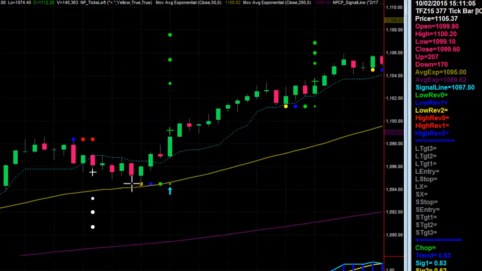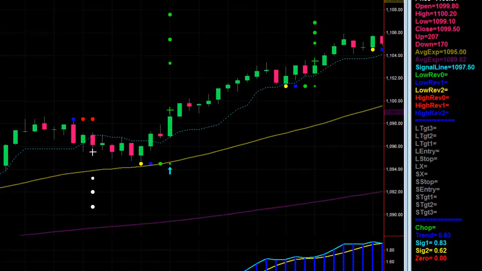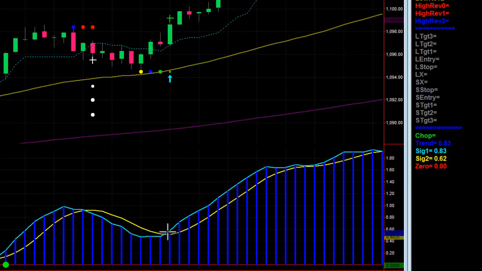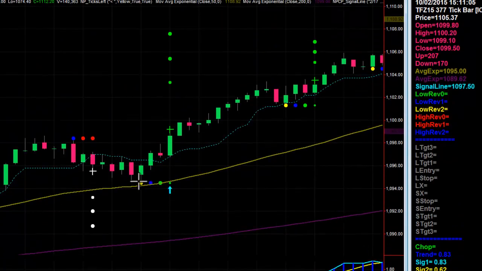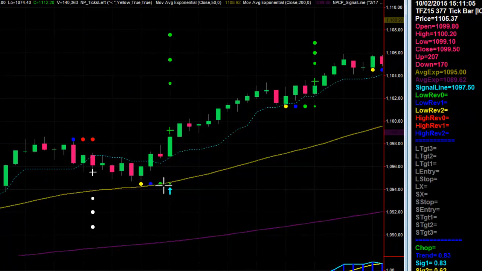So you want to look for the situations where you have your exhaustion dots resting on or near the 50 EMA. And since it's above the 200, the trend is up. It's making higher highs and higher lows. Look at the high trend. All the stars are in alignment. The exhaustion happens right at a major support area, giving you a great setup. You learn to watch for these situations.